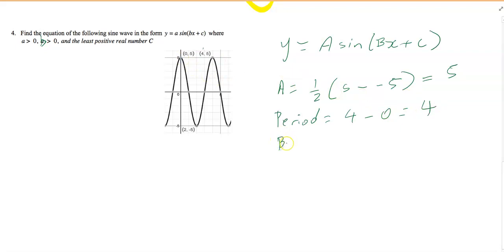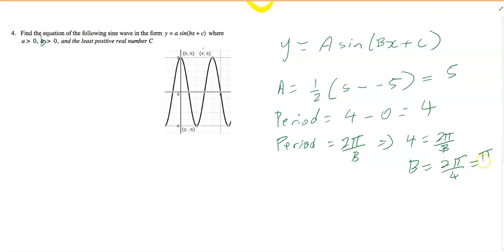Now, we know the period is 2 pi over b, so 4 equals 2 pi over b. If we multiply by b and divide by 4, b is equal to 2 pi over 4, which is pi over 2. So we found b.